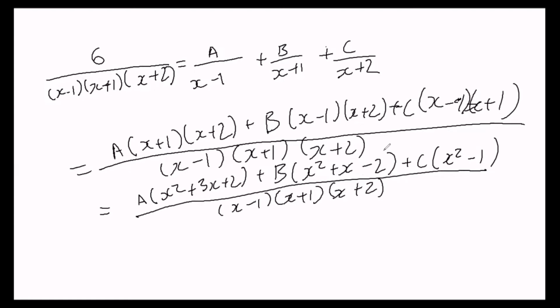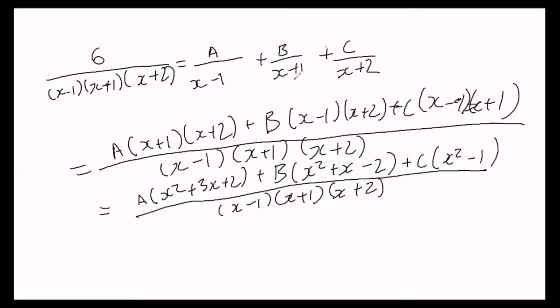So from here, we want 3 equations, so we're going to equate our coefficients. If I expand this out, I'd have ax squared plus 3ax plus 2a, and the same thing for my b and my c. And I know that this whole top section should equal 6.